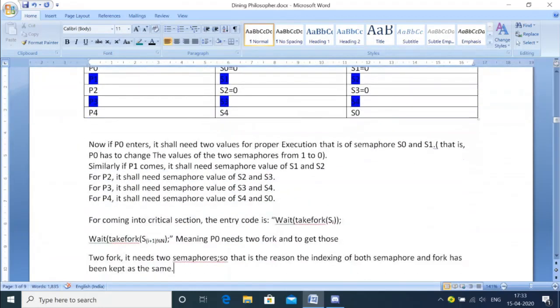So when coming to the code, for coming into the critical section, the entry code, that means take fork. This part is the entry code. The moment this is executed, process P0 will be able to enter into the critical section, eat the rice bowl, and then after that it will be able to exit from the critical section.